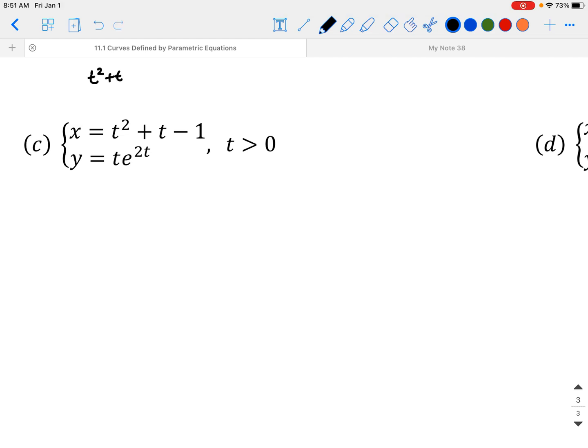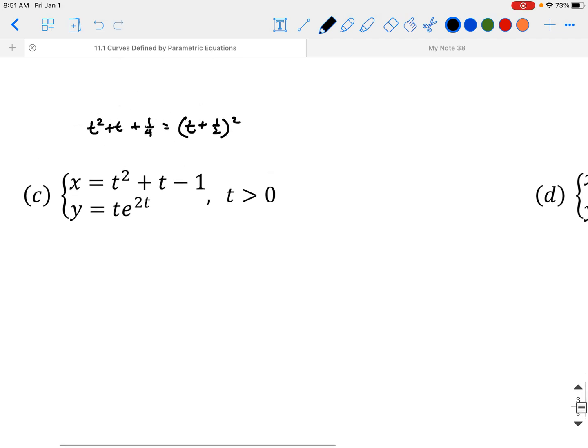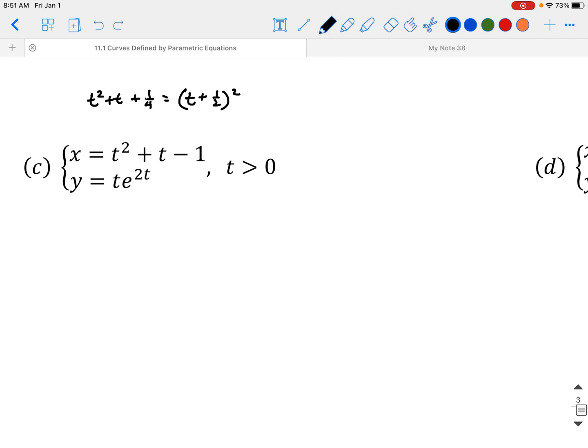So we'll just note off to the side here, t squared plus t plus 1/4. So half of the middle term squared would equal t plus 1/2 squared. So that's what we want. And we'll note we got a -1 here, so that's not going to help us. So we're just going to have to add 1/4 to both sides. So let's go ahead and do that.